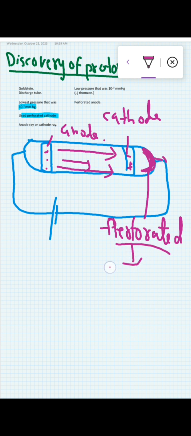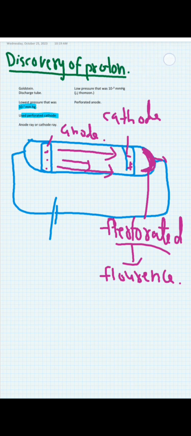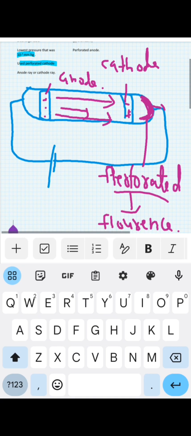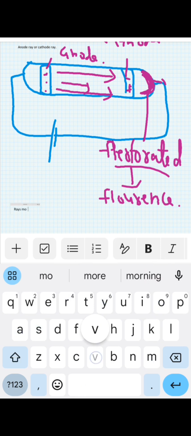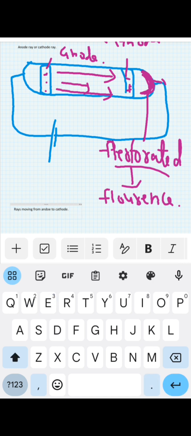There was a fluorescence, a glow of light, so they identified that there is another particle, that is proton. The rays moving from anode to cathode. रेस कहाँ से जाई थी? एनोड की तरफ से कैथोड पर.